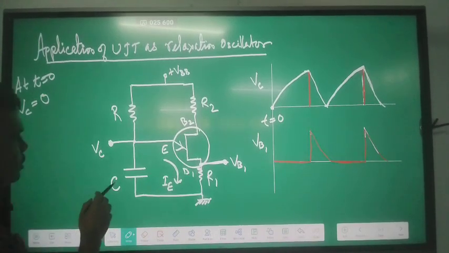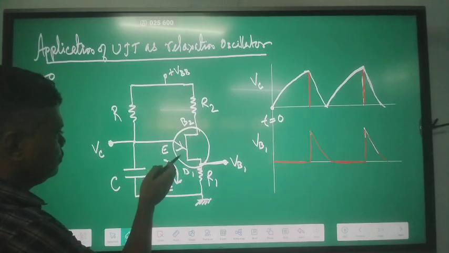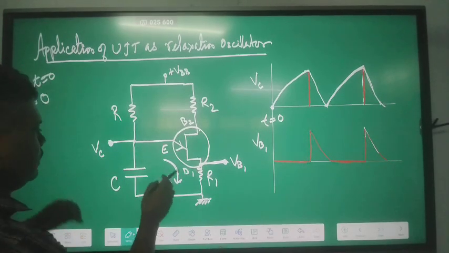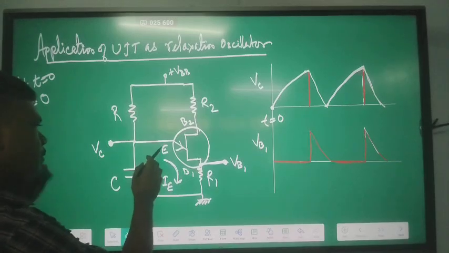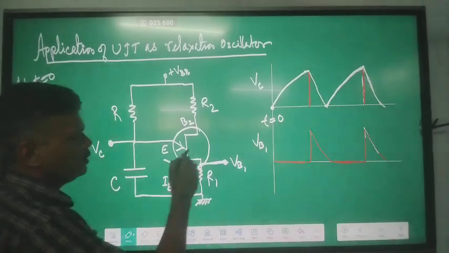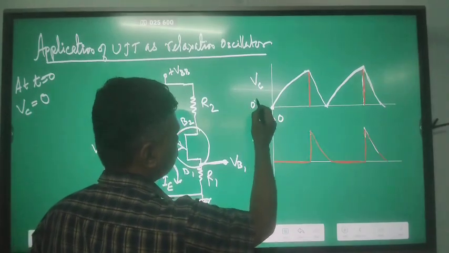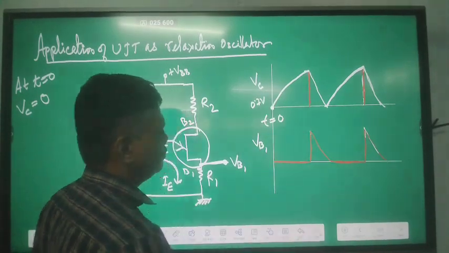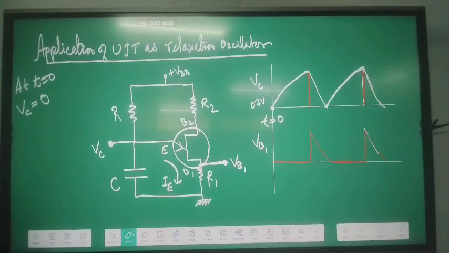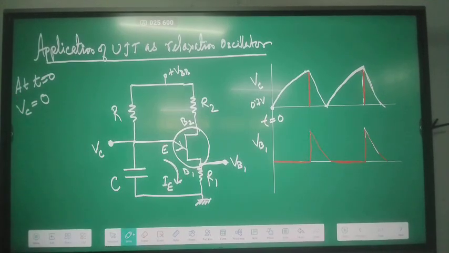But it is not actually 0 because, as we know, the emitter base 1 junction will be acting as a diode. So the cut-in voltage will appear here and that will be around 0.7 volt. But for the time being, we are ignoring that cut-in voltage and we assume that at t equal to 0, the voltage across the C is 0.